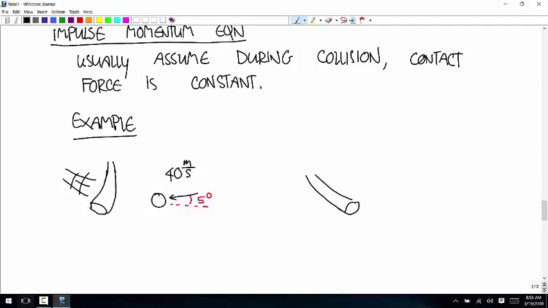And then there's the impact, and the ball leaves the bat at 50 meters per second at an angle of 30 degrees above the horizontal.